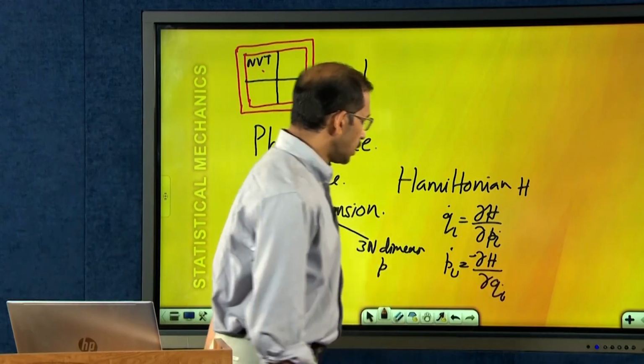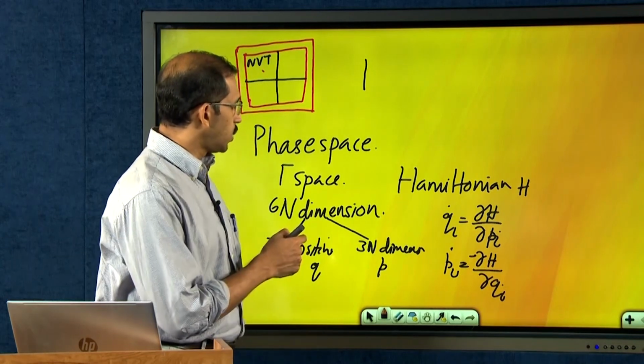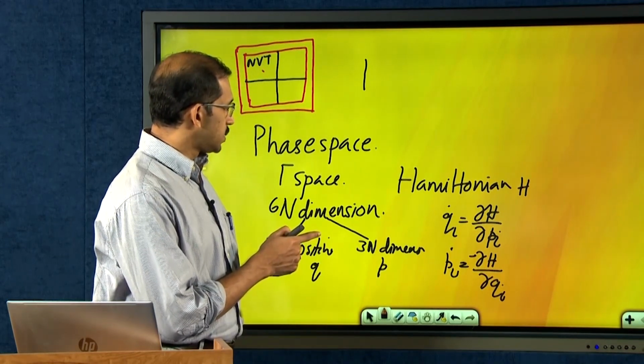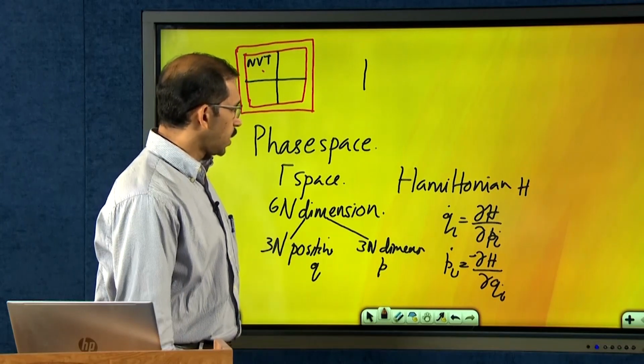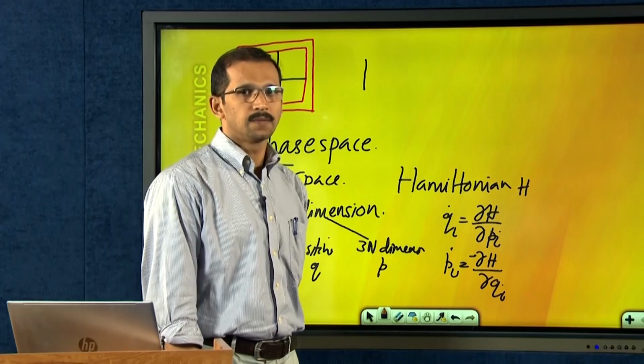So, these are the expressions connecting the Hamiltonian with its dimensionalities, which are the momentum and the position vectors.